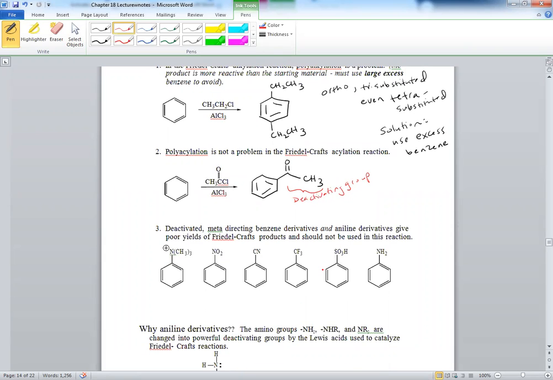The next one is very, very important: deactivated meta-directing benzene derivatives and aniline or aniline derivatives give poor yields of Friedel-Crafts products and should not be used in the reaction.